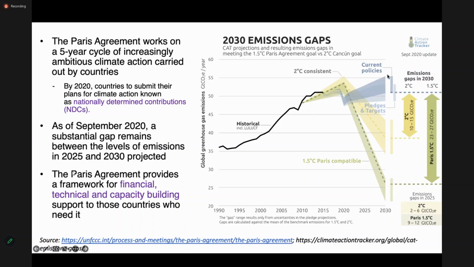And if we are to actually meet the target of keeping our temperature rise at 2 degrees Celsius, we have a big gap, even with the pledges that countries have made.